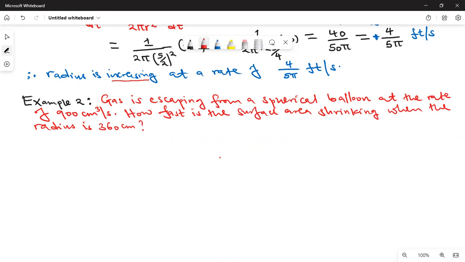The solution, now you see here, we are talking of a spherical balloon. It is a sphere, and this sphere is losing gas as time goes by. So we are going to sketch the sphere, something like a globe, like this one.